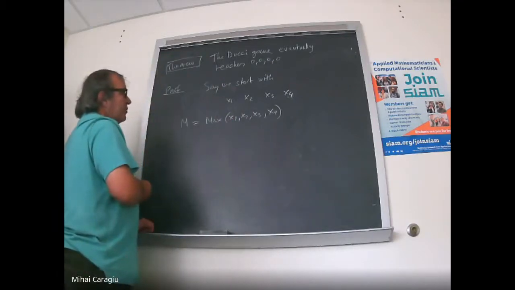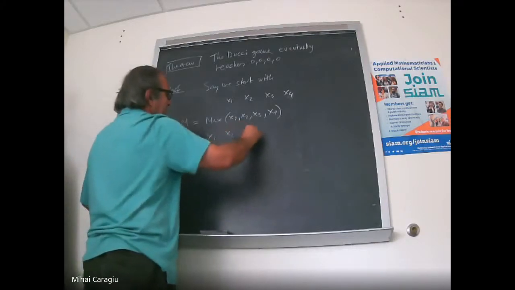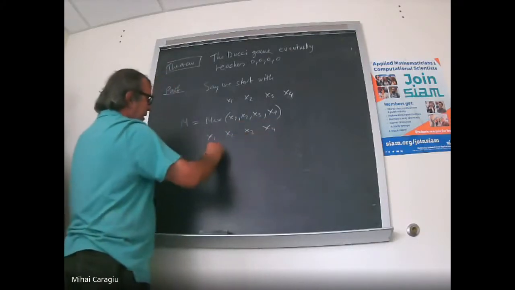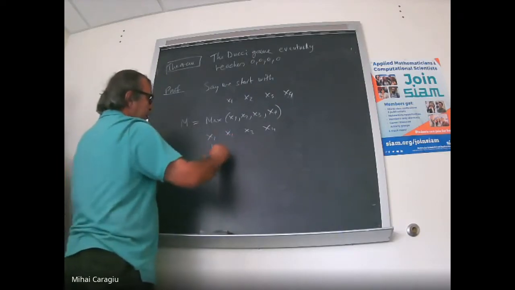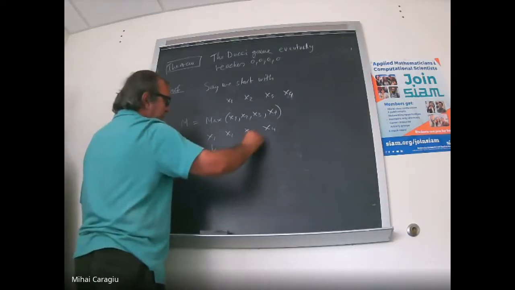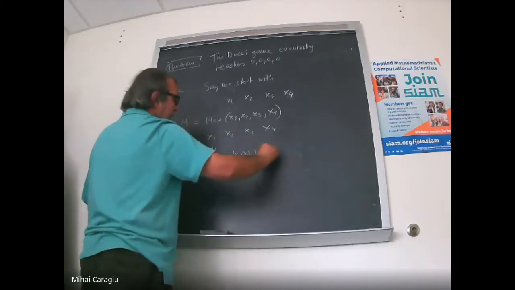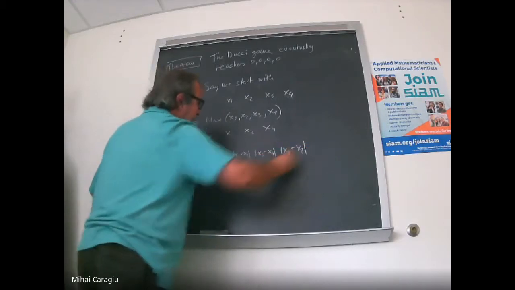Now let's assume that x1, x2, x3, x4 iterate, and we get here the absolute value of x1 minus x2. Here I'll put the absolute value of x2 minus x3, the absolute value of x3 minus x4, and then the absolute value of x4 minus x1.